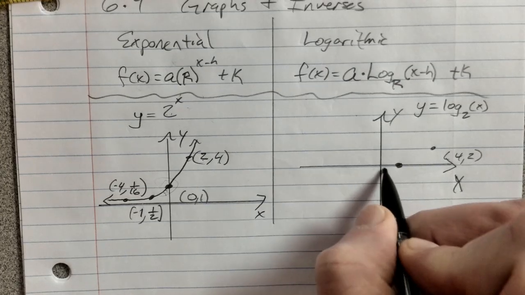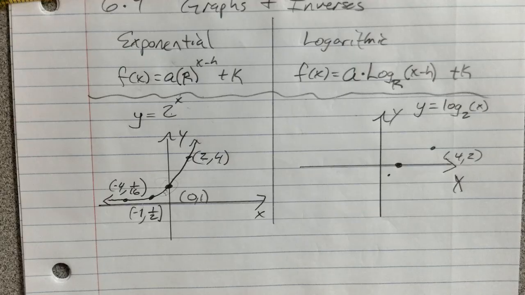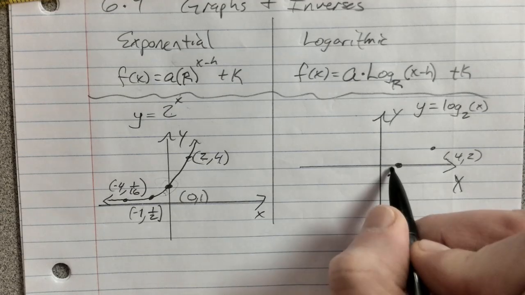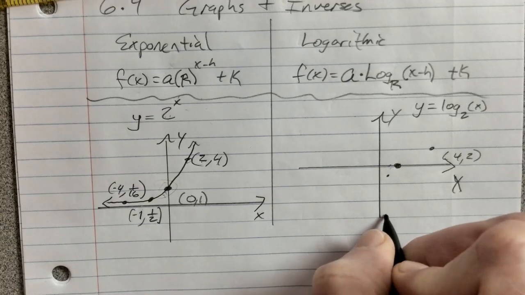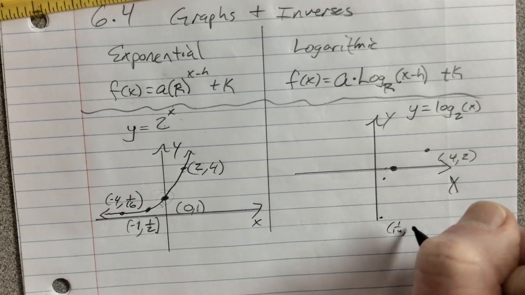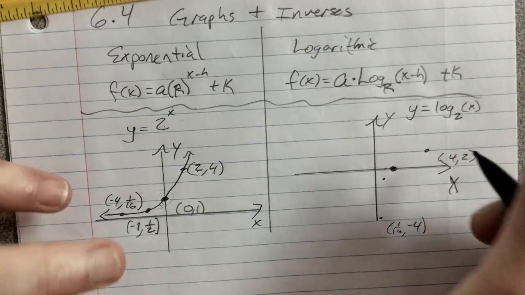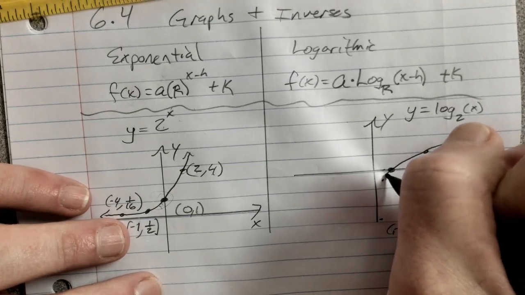So 1/2 on the x-axis and -1 on the y-axis. What about -4 and 1/16? It goes all the way down here to 1/16, comma, -4. And so the graph will look like this.